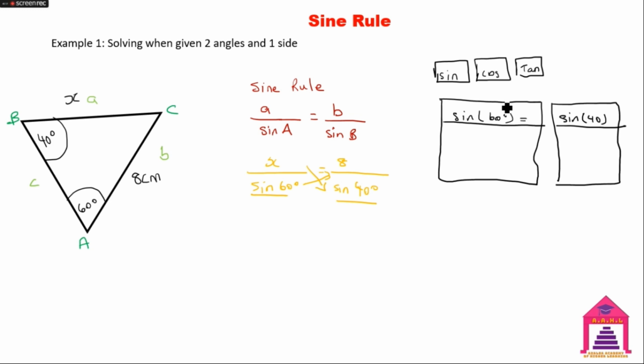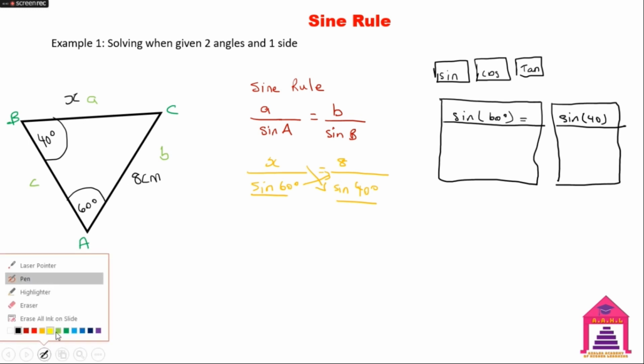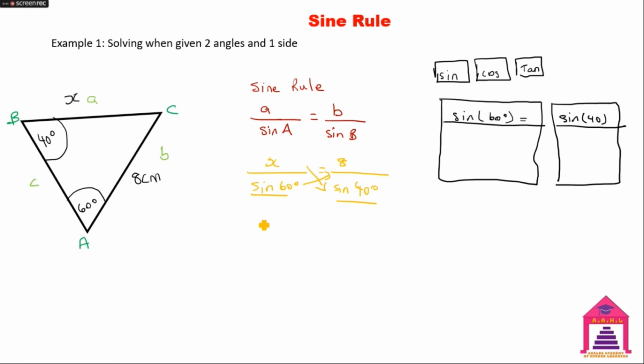So do that now. For sine 60 you're supposed to get 0.866025540, so put two decimal places, 0.86.